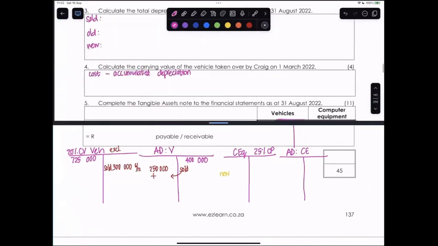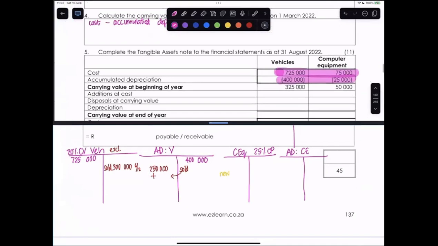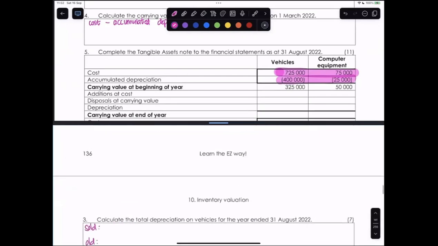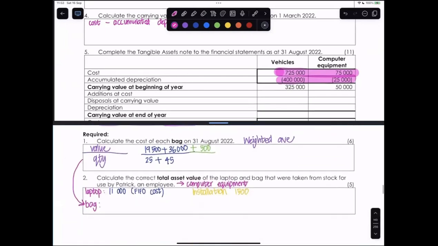I can then go and pull my computer equipment, had a debit balance of 75,000, and accumulated depreciation on computer equipment was 25,000. Now I have used all the information. We can go back to the beginning and start working through all the answers to see what we actually need to do.